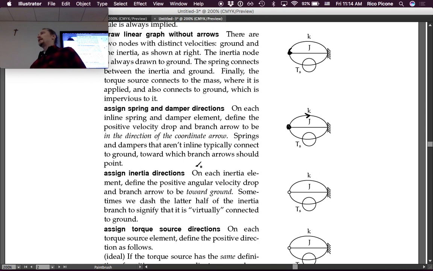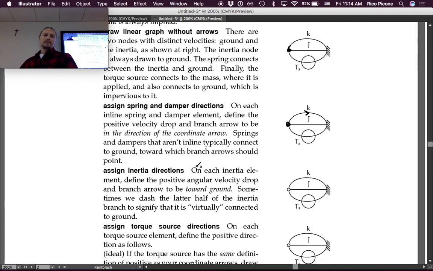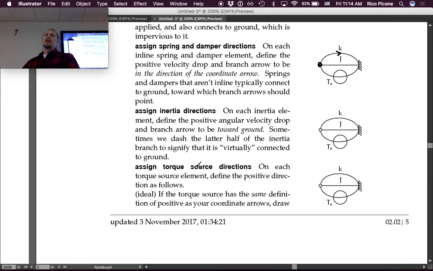In those cases, we'll just assign the arrows any way we feel because the convention doesn't apply to them. Just be a little cautious in interpretation then. When you do the interpretation, you have to be a little careful. But we probably won't encounter any of those in this course, and they're not that common.